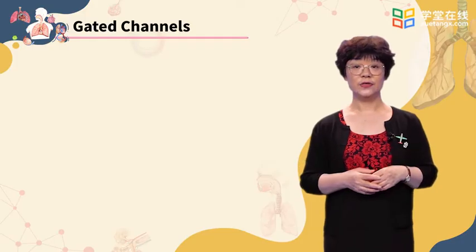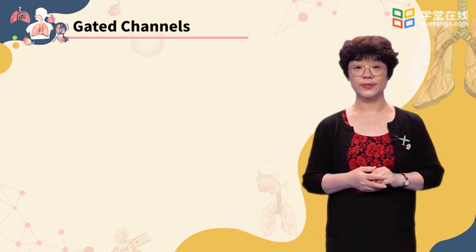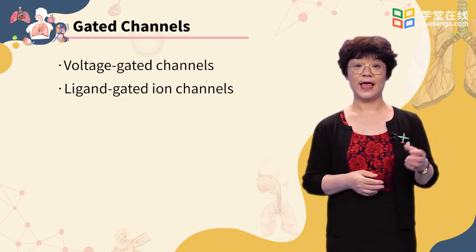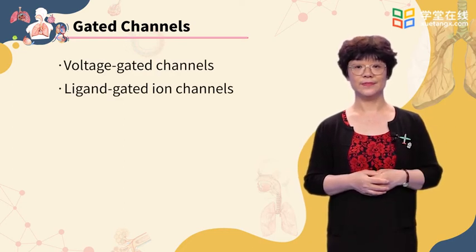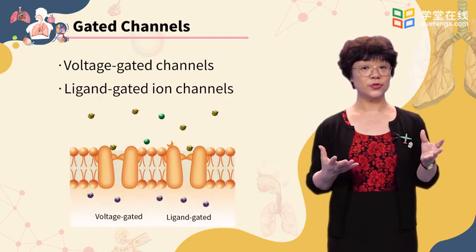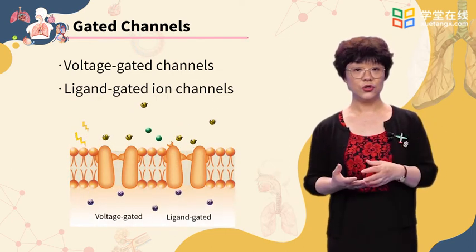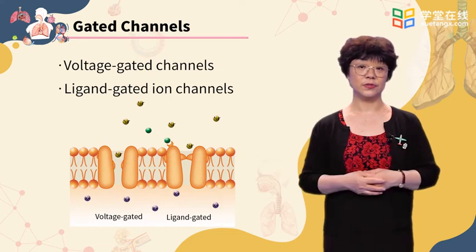For example, many cells have leakage channels for sodium, potassium, chloride, calcium, and other ions. Gated channels can be divided into two types, voltage-gated and ligand-gated. They are opened or closed by either electrical or chemical signals.